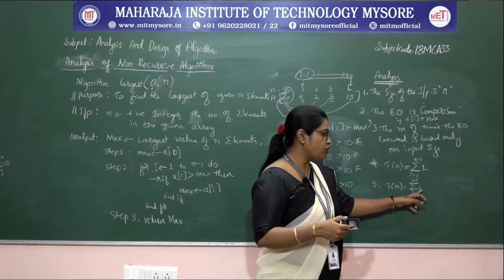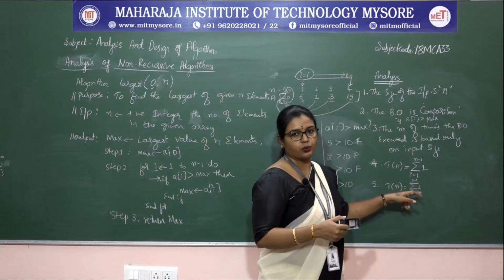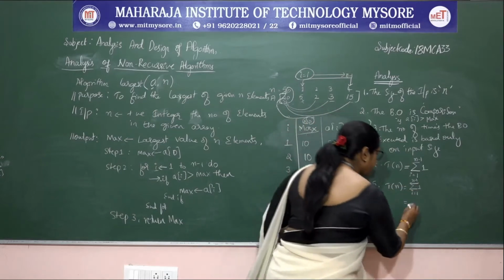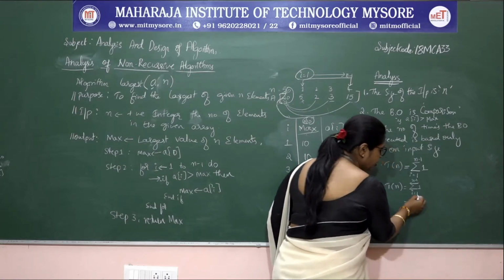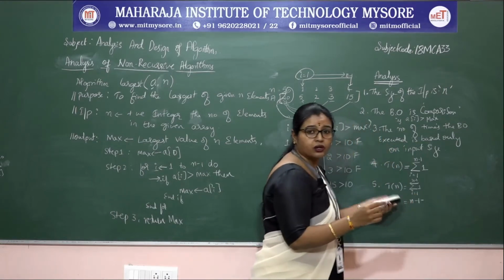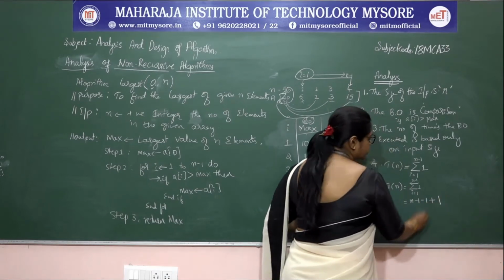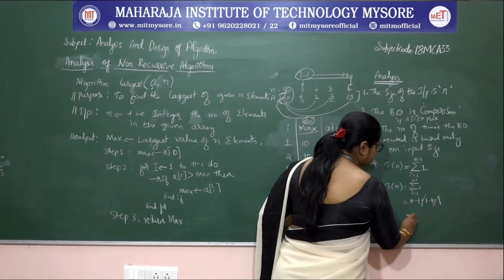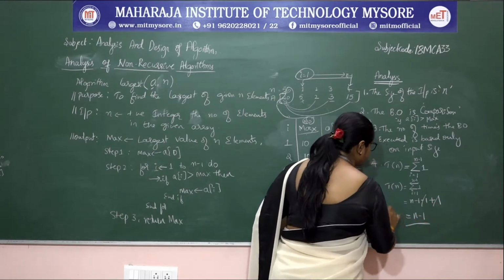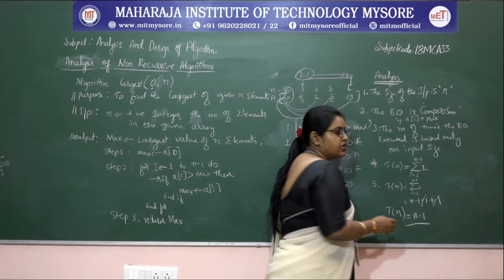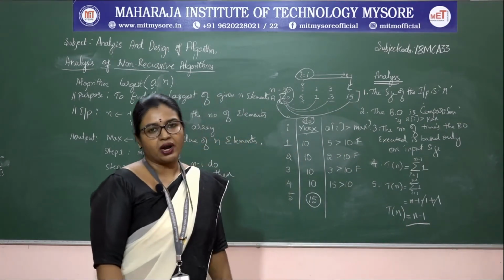Since 1 is the constant, we apply upper bound minus lower bound plus 1. So upper bound n minus 1, minus lower bound, which is not 0 here, it is 1, plus 1. Now plus 1 and minus 1 cancel, and you end up with n minus 1, that is T of n. So T of n is equal to n minus 1 times.